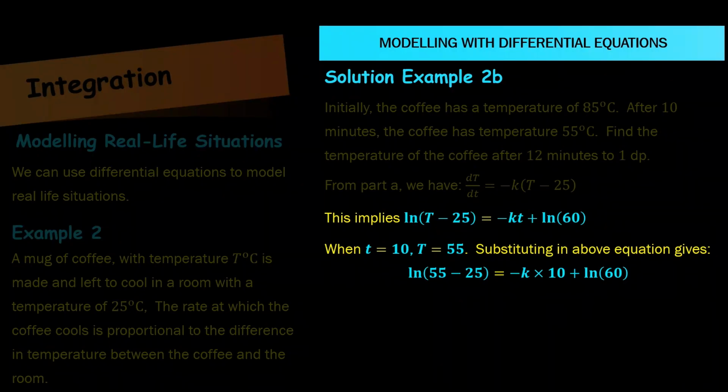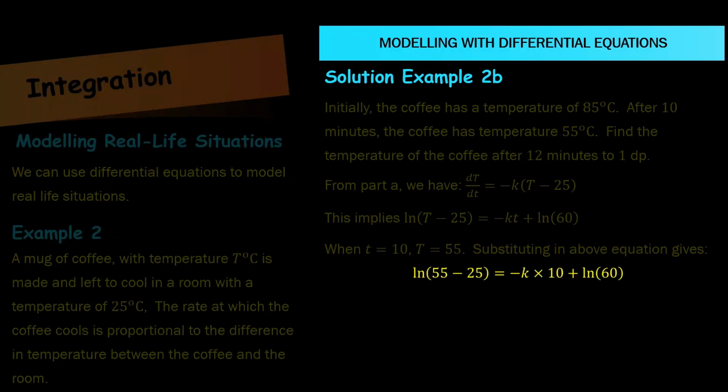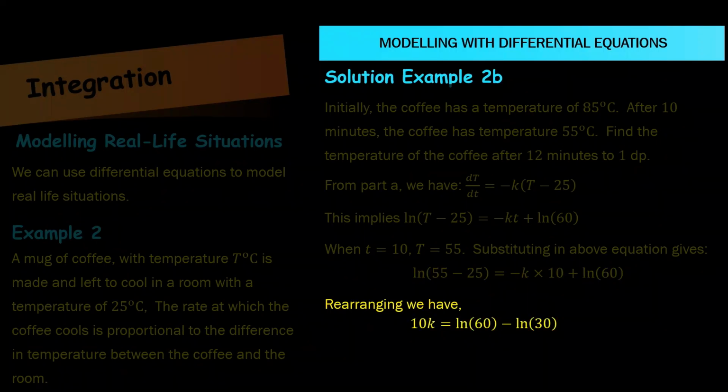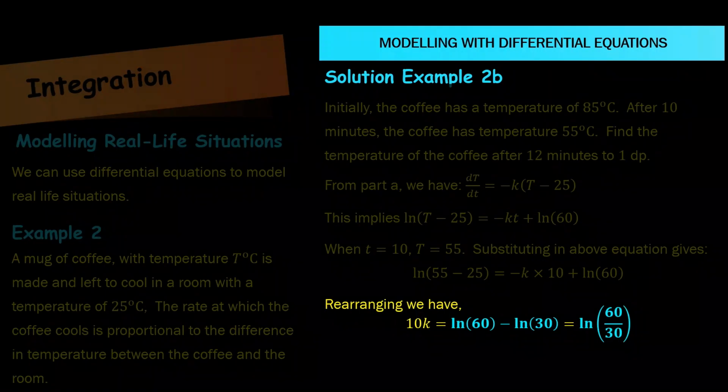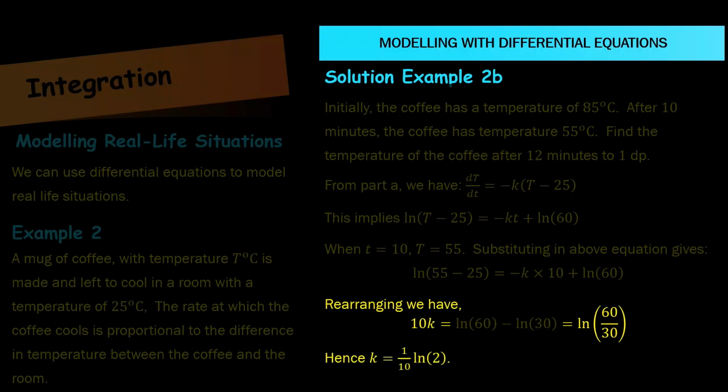And rearranging this, we can start to find the value of k. So we have 10k equals ln of 60 over 30. And therefore k equals 1 over 10 times ln of 2.